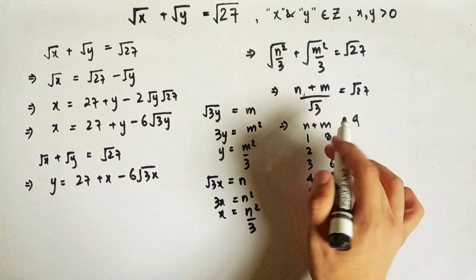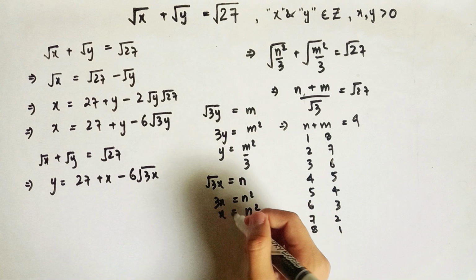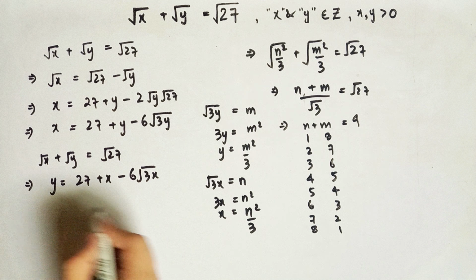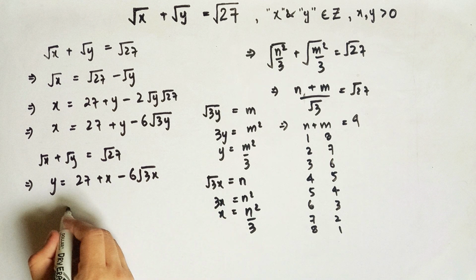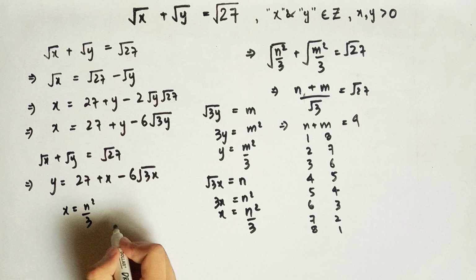Now putting these values in these equations to get y and x. First let's solve for x. So x equals n square over 3.